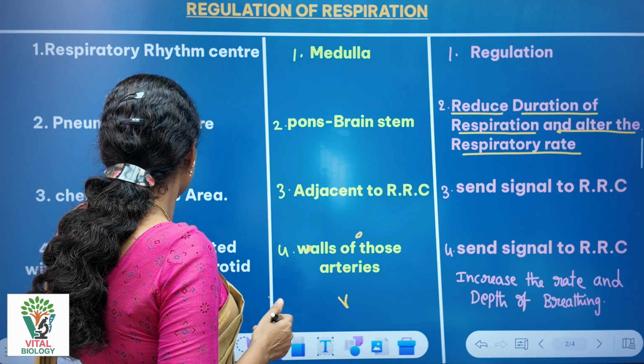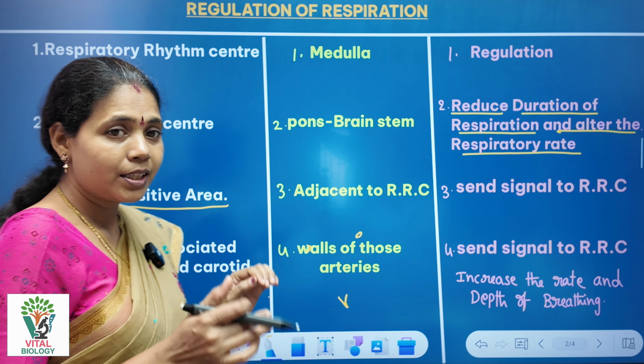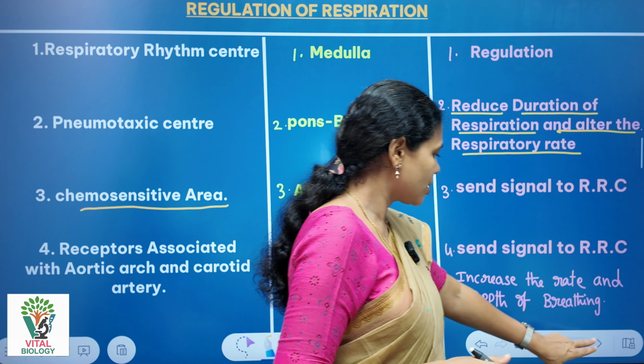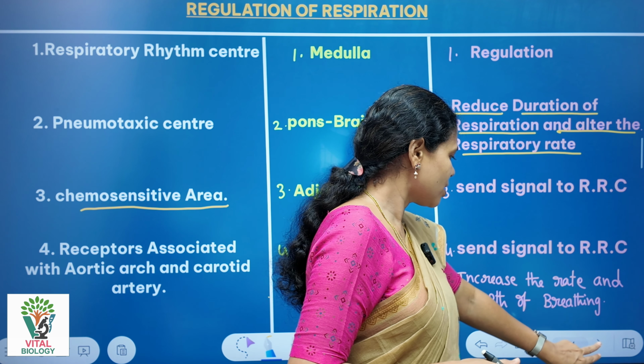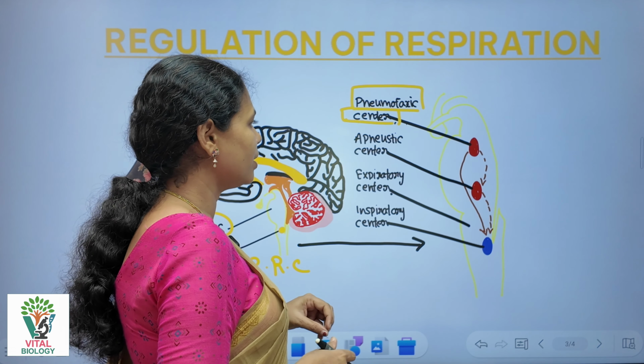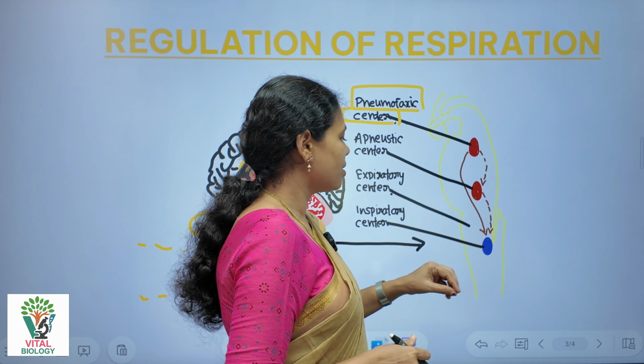And one more area, that is the chemosensitive area. This chemosensitive area is present adjacent to the respiratory rhythm center.